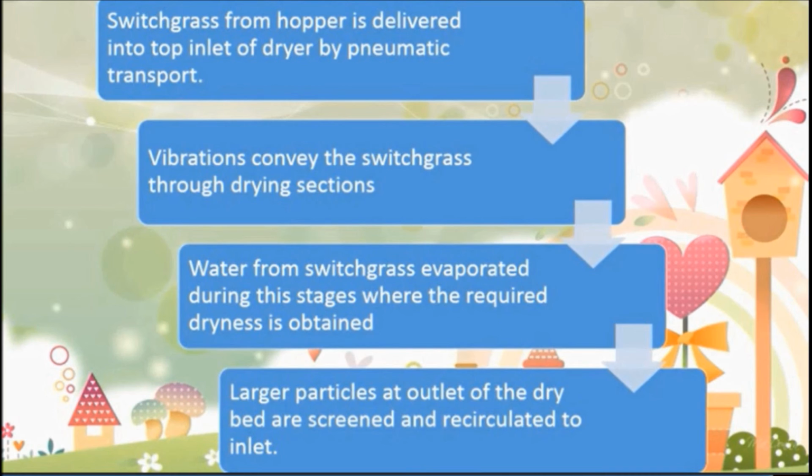Thirdly, water from the chopped switchgrass will be evaporated during this stage, where the required dryness is obtained through the fluid bed casing. Lastly, any larger particles at the outlet of the dry bed are screened and recirculated to the inlet.